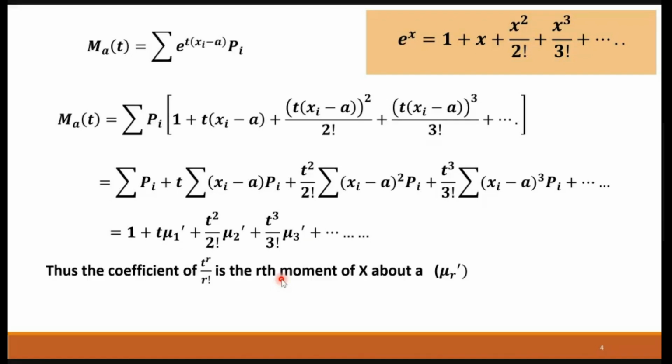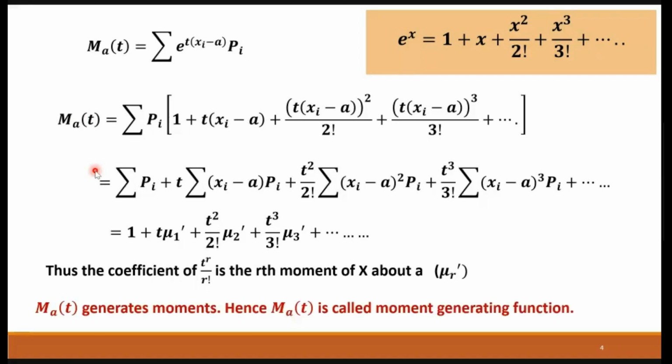So I can write that mu r dash is equal to the coefficient of t raised to r upon r factorial. So we have started with the moment generating function, and from there we are getting the raw moments. That is why this function is called the moment generating function.